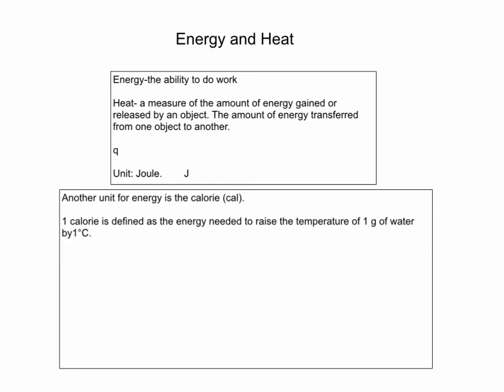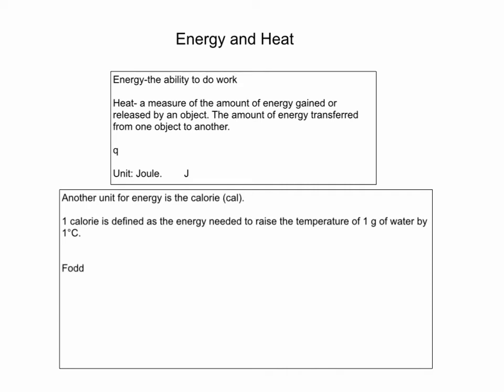So the calorie is the energy needed to raise the temperature of a gram of water 1 degree Celsius. The calorie is a term that you're probably familiar with, but it's not exactly the same thing as the food calorie, the one that you see on the back of a package in the nutrition facts.